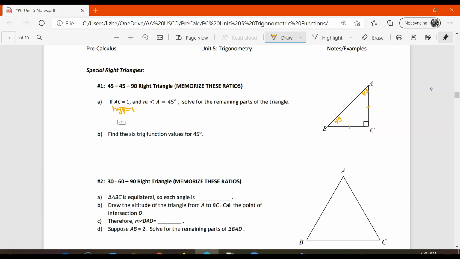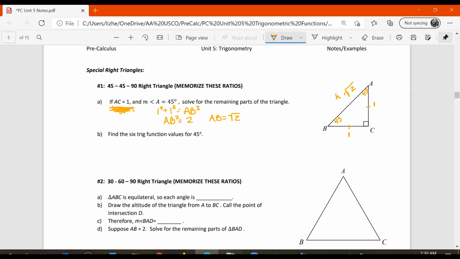Oh, I'm sorry, AC is not the hypotenuse. AC is 1, that means BC is 1, and this is my hypotenuse. Let's find that. 1 squared plus 1 squared equals AB squared. That's the Pythagorean theorem. So AB squared equals 2, and AB is the square root of 2.